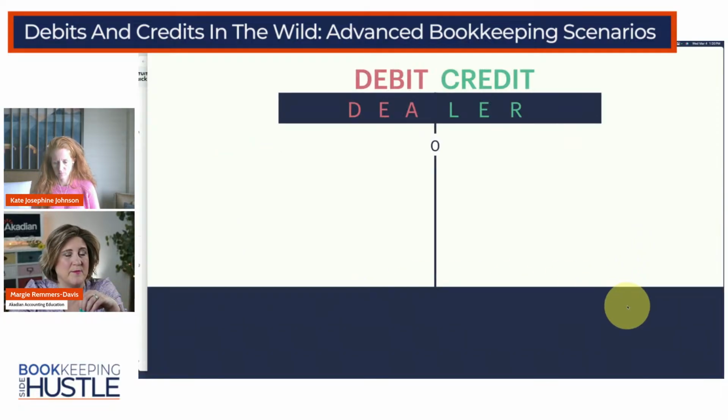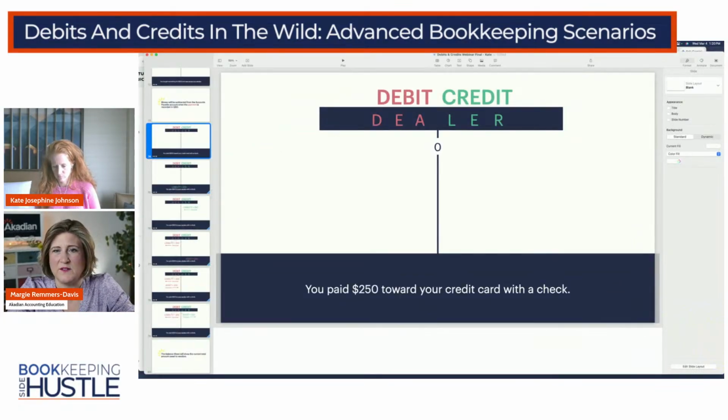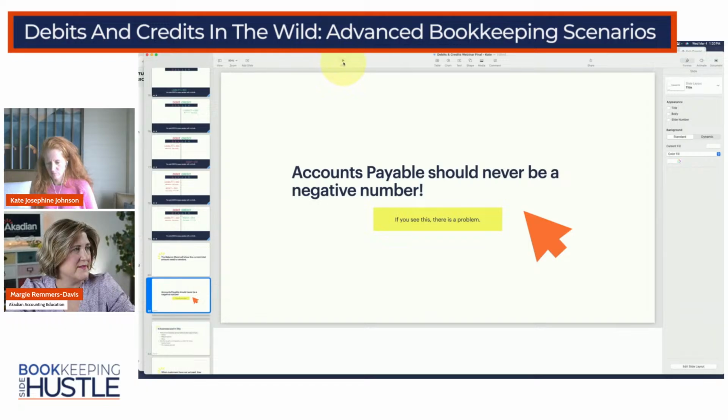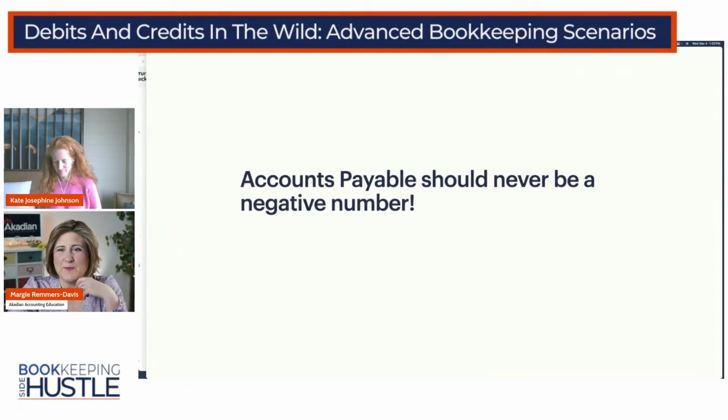The important thing is that accounts payable should never be a negative number. You can see why that is, right? And you can see how that would happen, right?